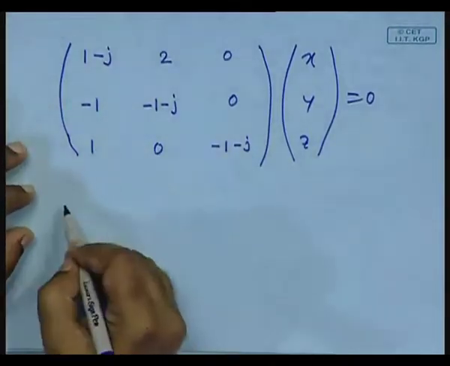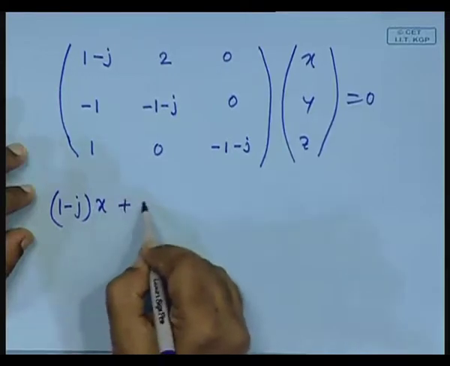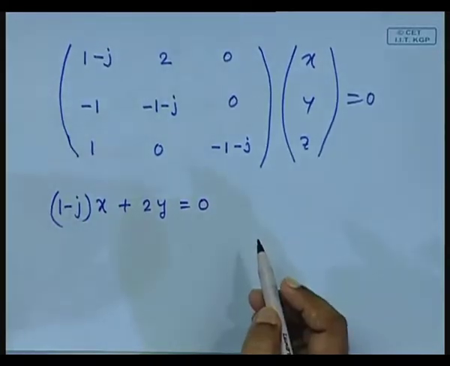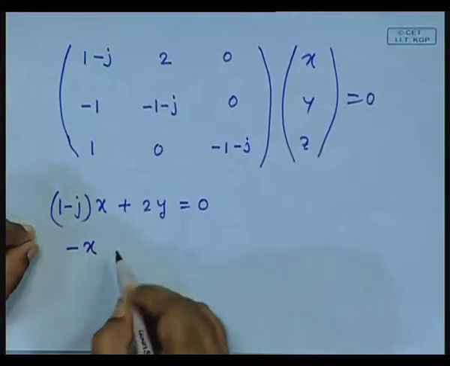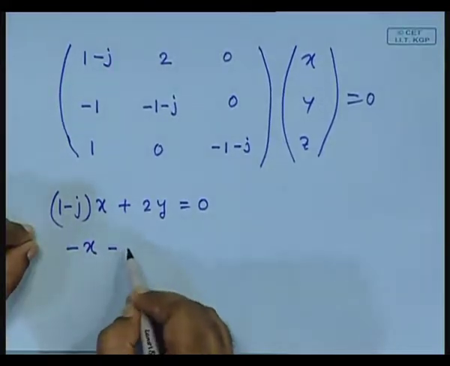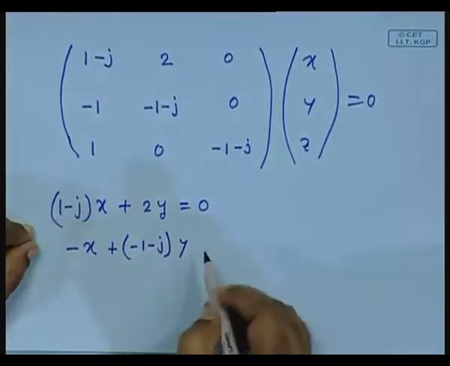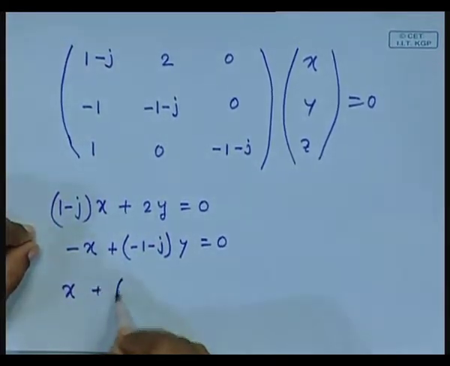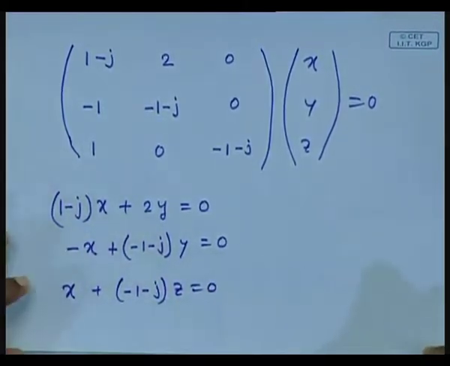So, you have 1 minus j times x plus twice y is equal to 0, first equation. Second equation is minus x minus 1 minus j times y is equal to 0, and third equation is x plus minus 1 minus j times z is equal to 0. Okay.